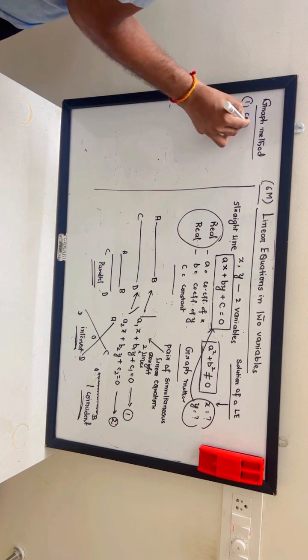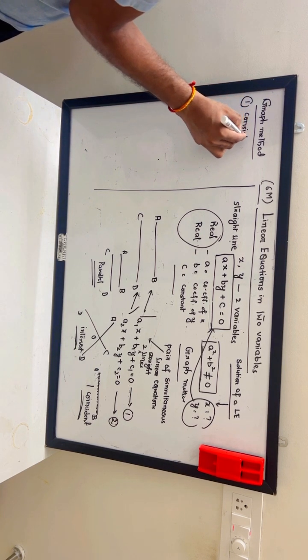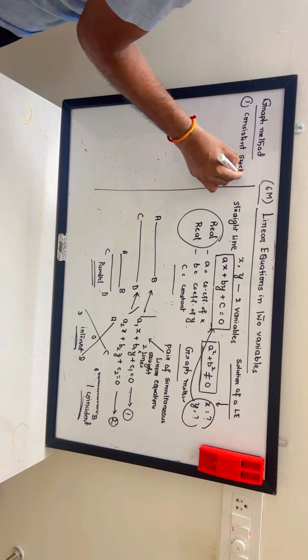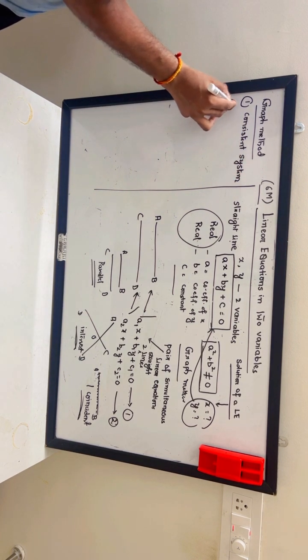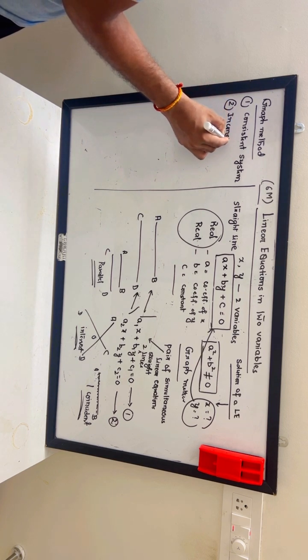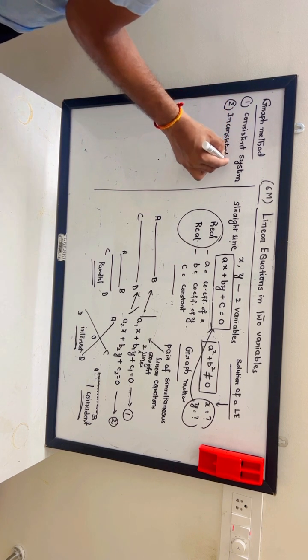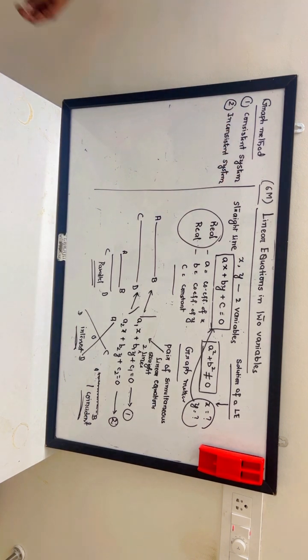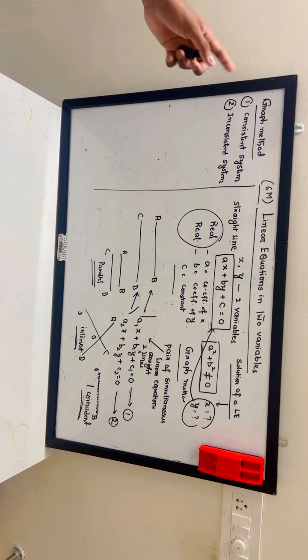One is a consistent system, the other one is an inconsistent system. Okay?